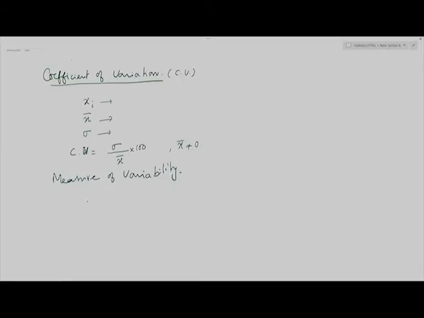This is very useful when we want to compare two given data sets. For example, let us say we have data 1 and data 2. For them I compute the means, x1 bar and x2 bar, and the standard deviations, sigma 1 and sigma 2.